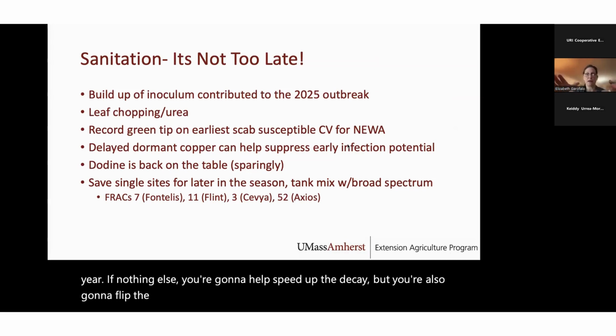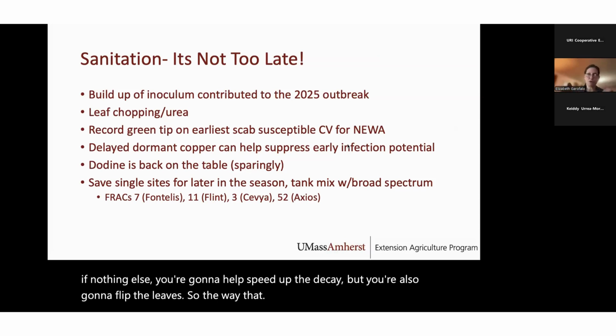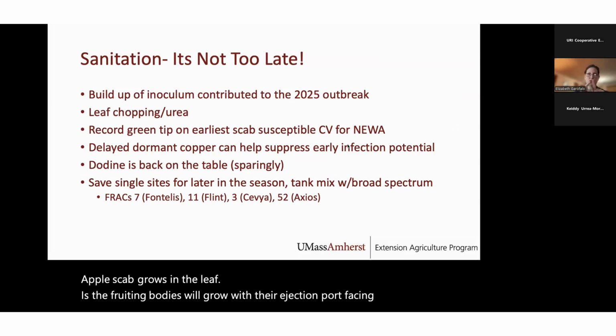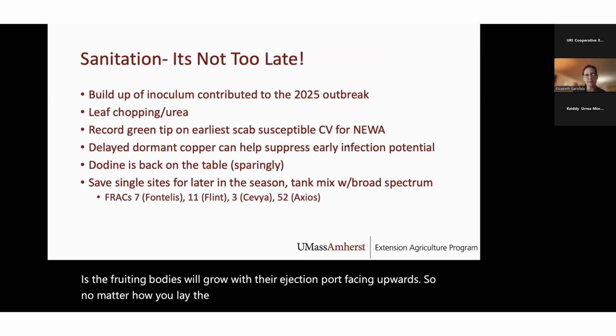So the way that apple scab grows in the leaf is the fruiting bodies will grow with their ejection port facing upwards. So no matter how the leaf lays in the fall, come spring, the ejection door, if you will, is facing upwards.